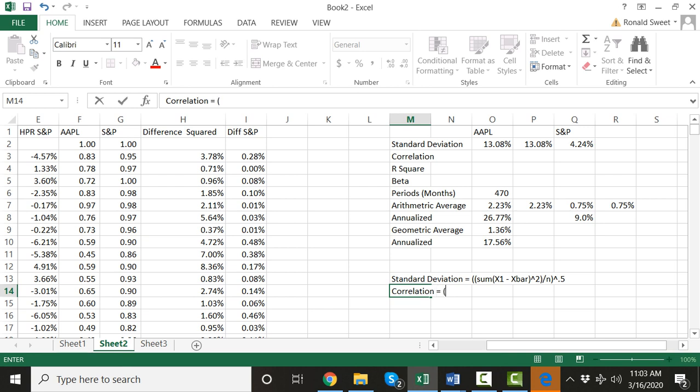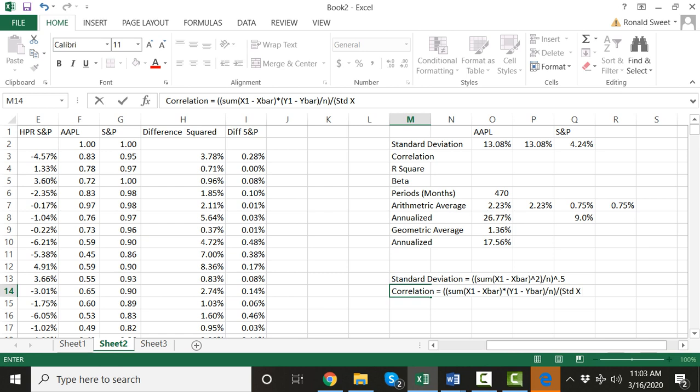You take xi minus x bar, but instead of squaring it, you multiply it by yi minus y bar, which is the market. To do correlation, you have to have 2 things. We are again going to divide by n, and instead of taking the square root of this, we're going to divide by the standard deviation of x times the standard deviation of y. That's correlation.